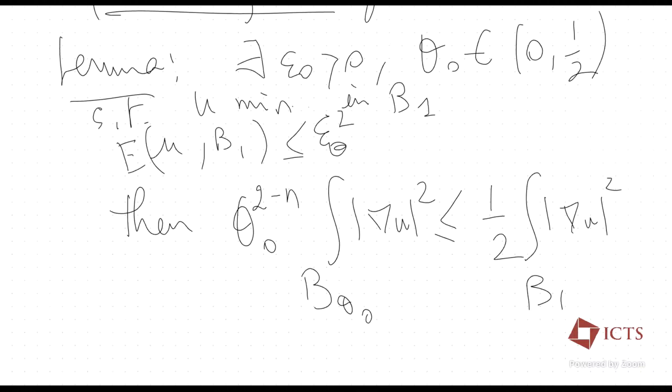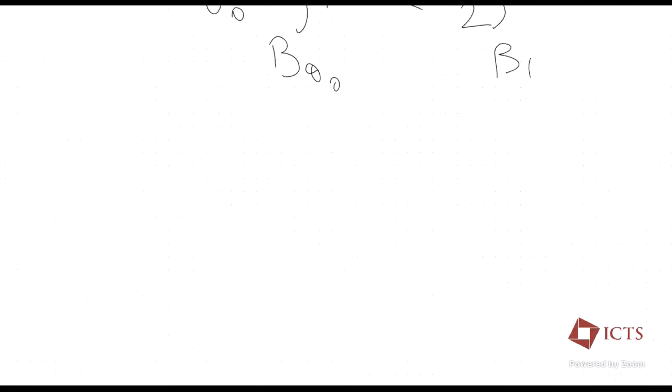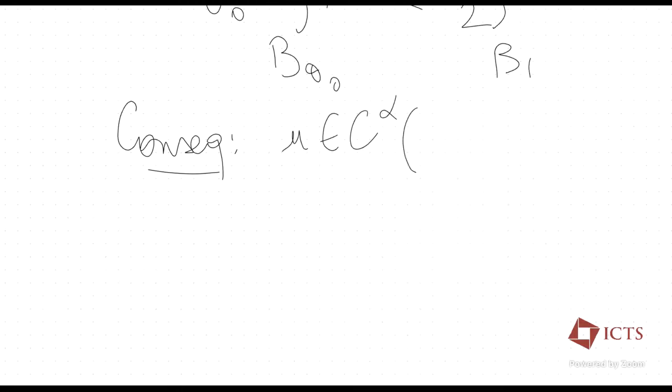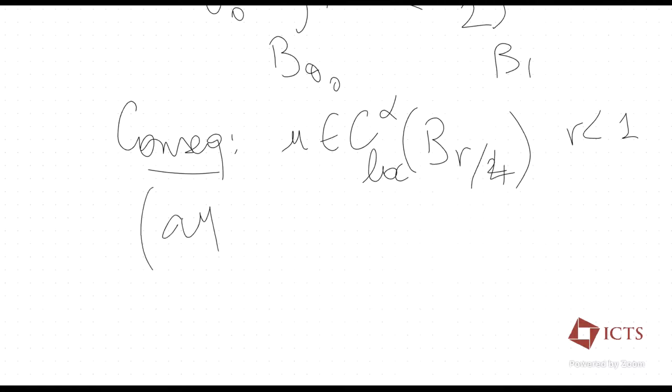So actually, whenever you have this type of bound, let me give you right away a consequence: this type of bound tells you that u is always Hölder in a ball of radius R over 4, where R is less than 1. This is first an iteration and then an application of Morrey embedding.